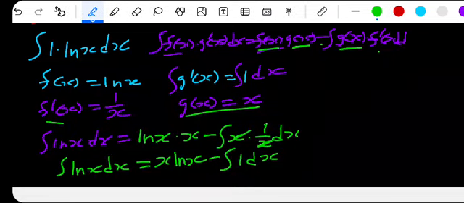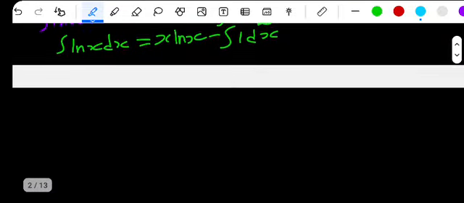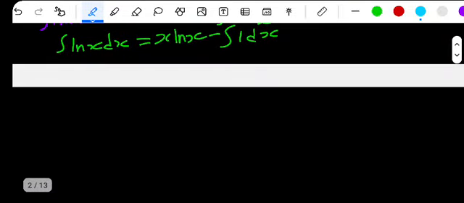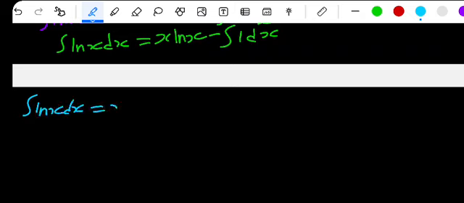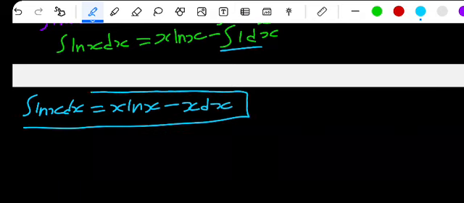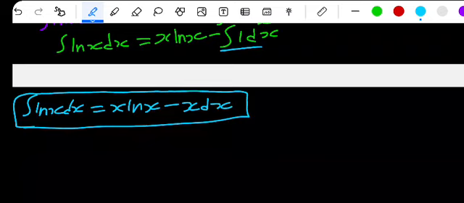All right, then we have to take our left hand side, we still have the integral of ln x dx. Then here we still have ln x minus the integral of 1, the same as x dx. So the integral of ln x will be equal to that when you're using integration by parts.